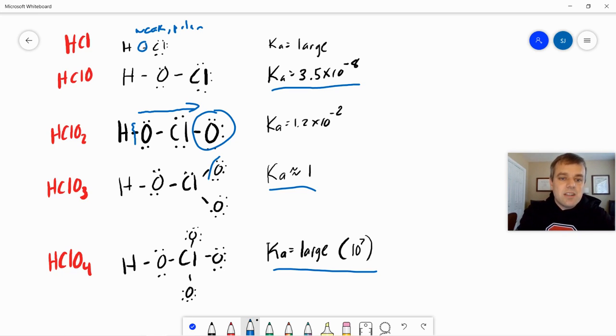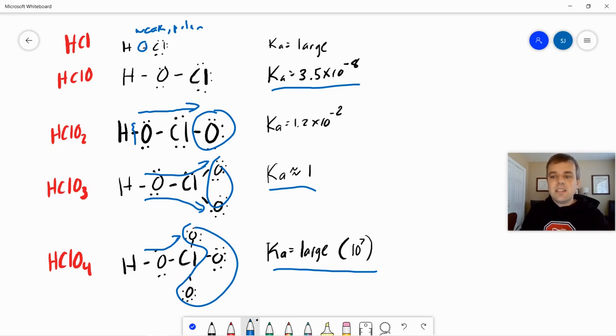When you have two oxygens attached, it's going to be pulling electron density that way. And when you have three oxygens attached here, that's really going to start pulling the electrons towards that end of the molecule, and it will weaken the attraction between the hydrogen and the oxygen, such that with perchloric acid, it breaks apart quite readily as soon as you put it into solution.